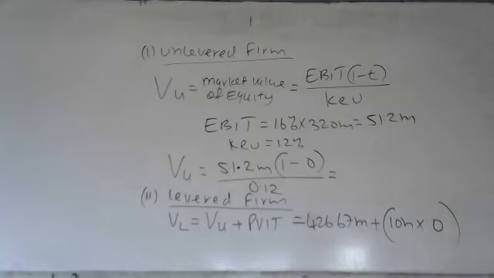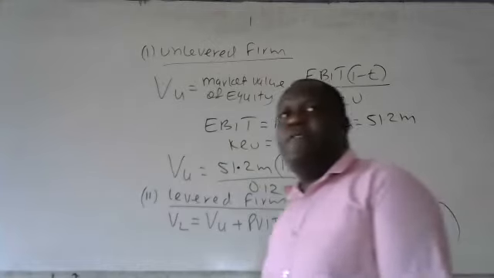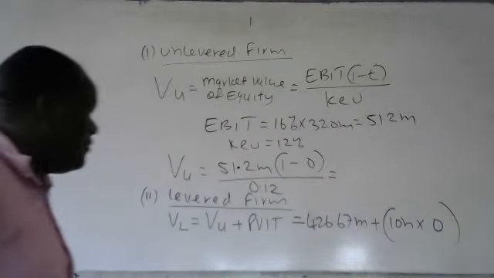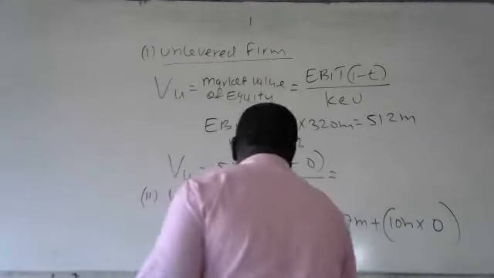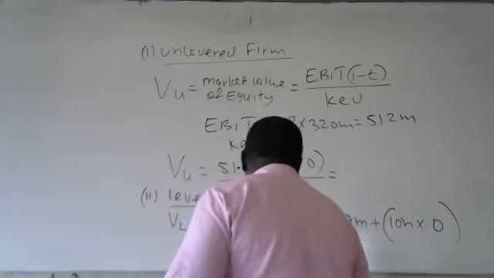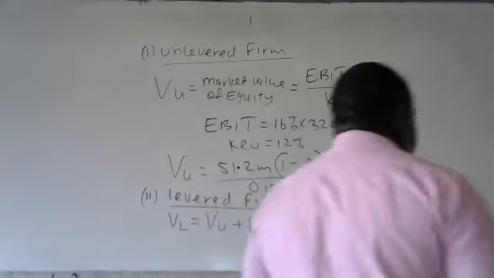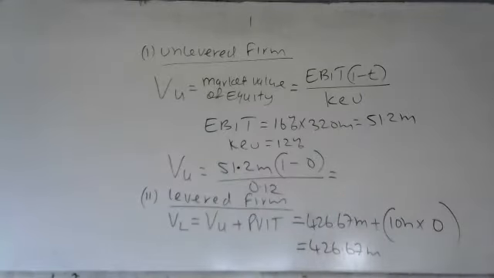When there is no tax, the value of the levered and unlevered farm will be the same. So this will just remain 426.67 million.